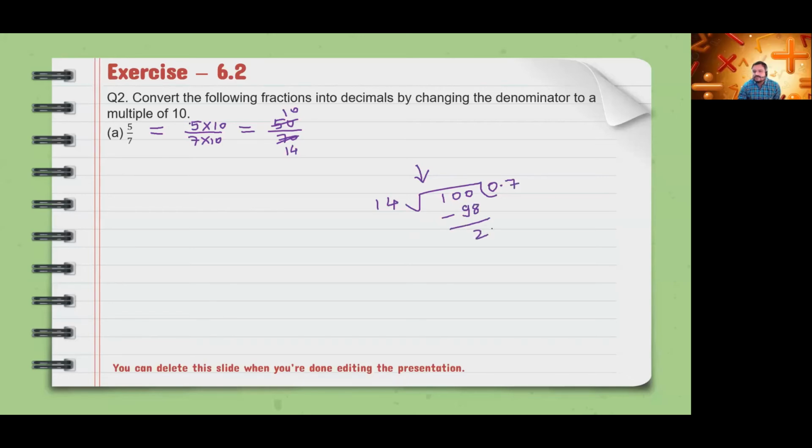What is remaining? 2 is remaining. We'll put a 0 here. 14 ones is 14. Okay, we will keep it as it is. Only 2 decimals are enough, so 0.71 will come as the answer. No need to divide it completely.